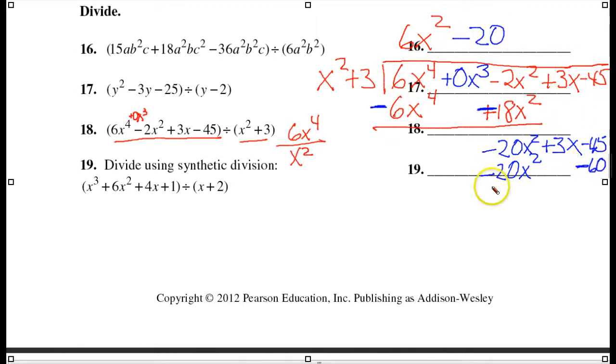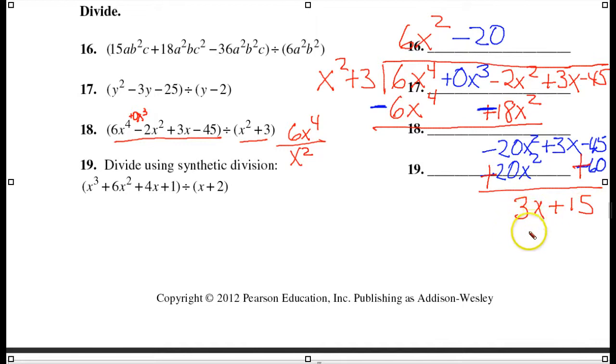Okay, we're not using that right now either. Okay, so our rule is change the signs and we add. So this cancels out. We're left then with a 3x plus 15.